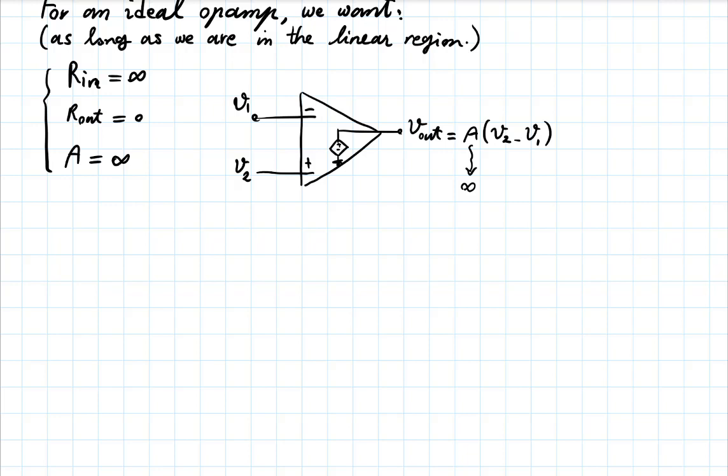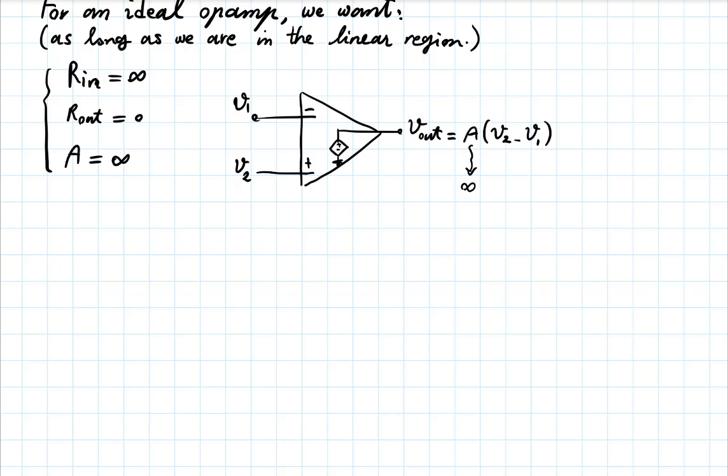If V2 minus V1 is even a tiny negative number, then the output is going to want to be minus infinity, but we know that as soon as you reach the supply voltage, it will saturate to that. Unless you make absolutely sure that there is no voltage difference on the input, your output will be saturated.